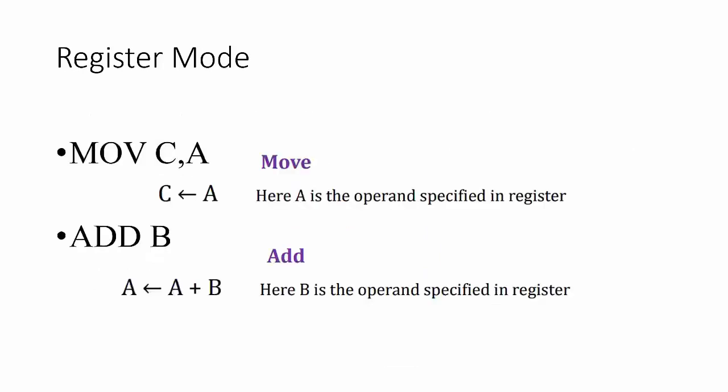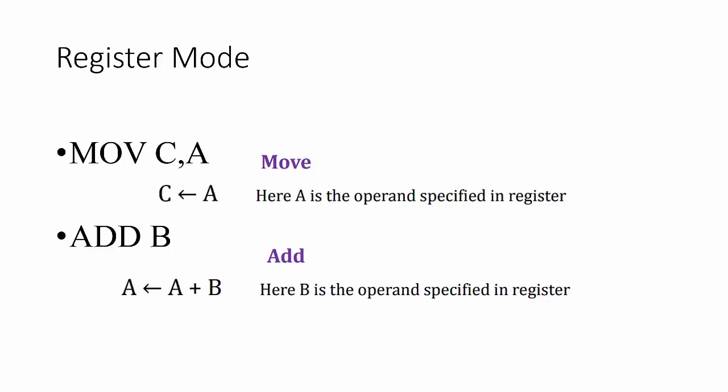Okay, here are 2 more examples related to register addressing mode. First one is MOV C, A. Here C and A are registers. C is the count register, A is the accumulator register.